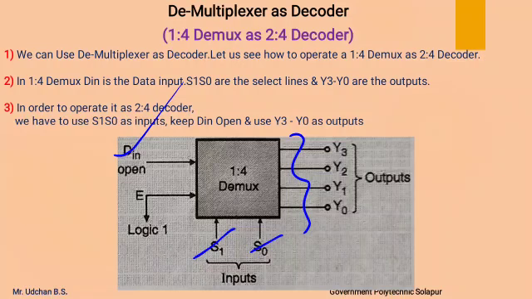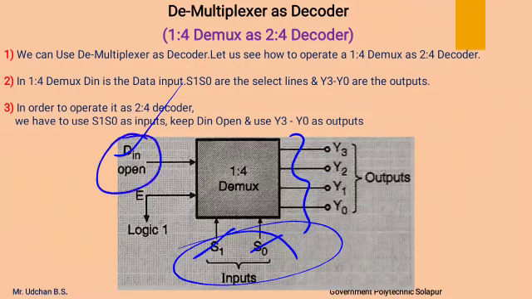an enable input terminal, by which the demultiplexer can be enabled or disabled by connecting the proper input to the enable input terminal. Now, in order to operate this demultiplexer as a 2:4 decoder, we have to use the select inputs as input variables. We are not going to use the data input terminal; we are keeping it open.